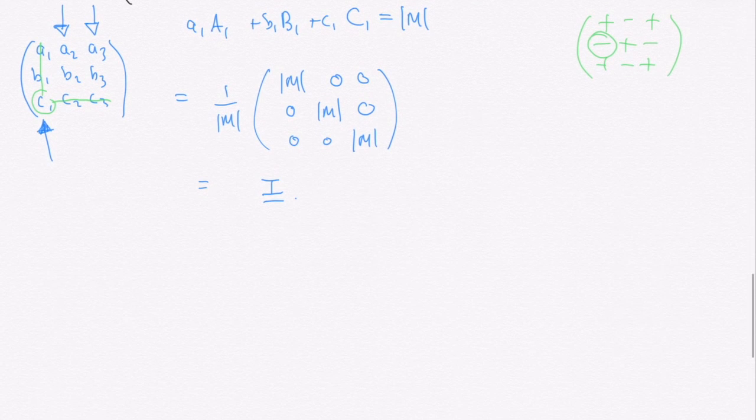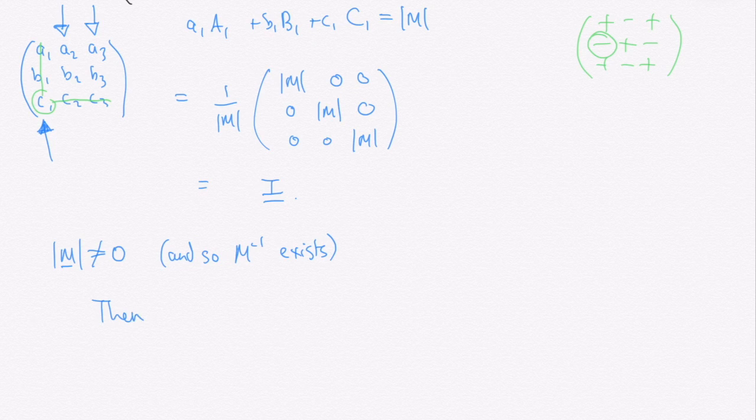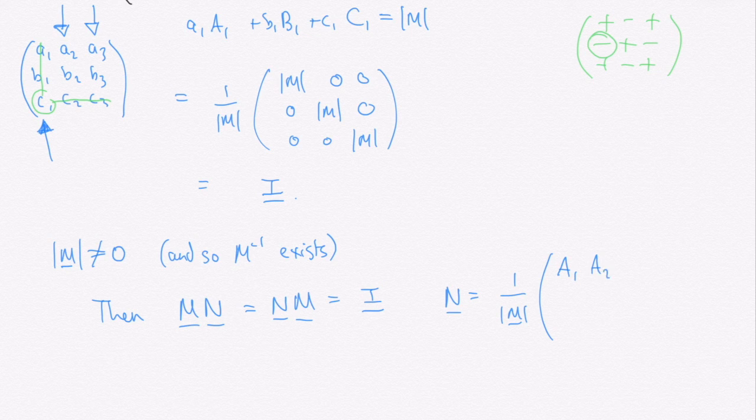So what have we concluded? We've concluded that if the determinant of m is not equal to 0, and so m inverse exists, then m multiplied by n is equal to n multiplied by m, which is equal to the identity matrix, where n is just 1 over the determinant of m multiplied by the cofactors A1, A2, A3, B1, B2, B3, C1, C2, C3, making sure we transpose this.